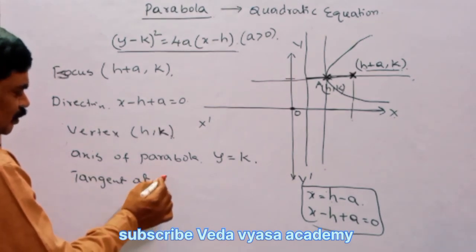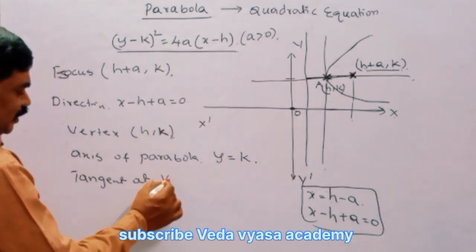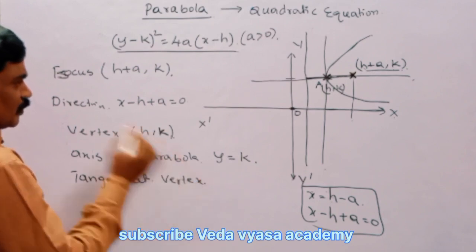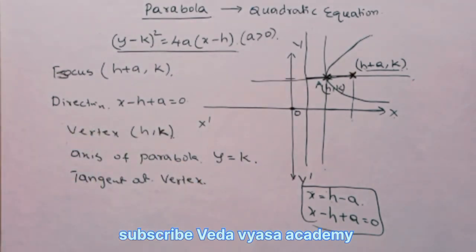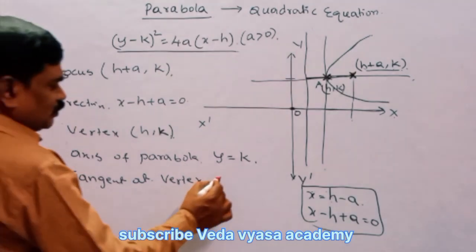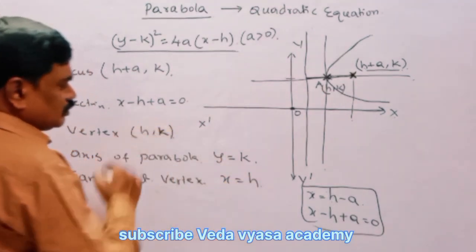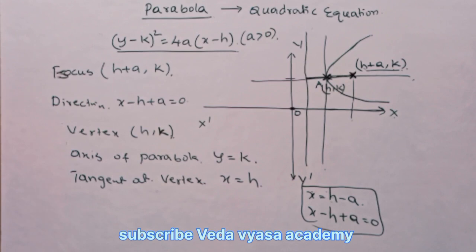Tangent at vertex: x is equal to h. These are the main points of this parabola.